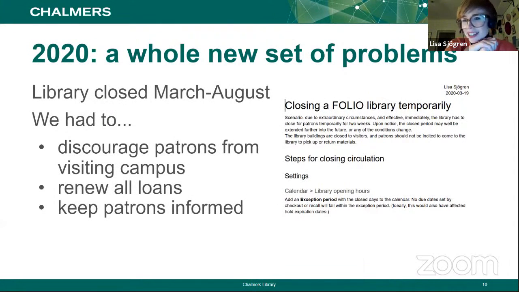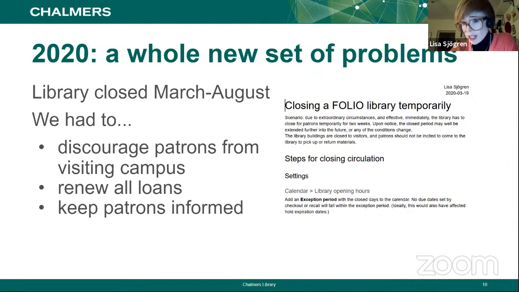And speaking of confusing times, 2020 has been an interesting year, where at Chalmers we had to use our circulation rules not really to decide who gets to borrow a book, or how long they keep it, but more to keep people from borrowing books at all, or if they already borrowed them, to keep them from returning them, because the whole Chalmers campus was pretty much closed to visitors, or people were discouraged from visiting the campus between March and August.